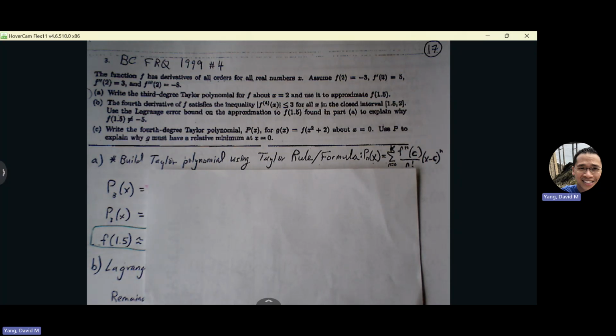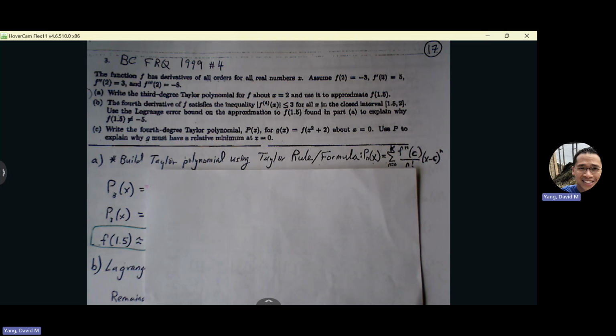So go ahead and fill out the third degree polynomial. And then we can replace all the f of 2, f prime into our polynomial. Okay, so try that.